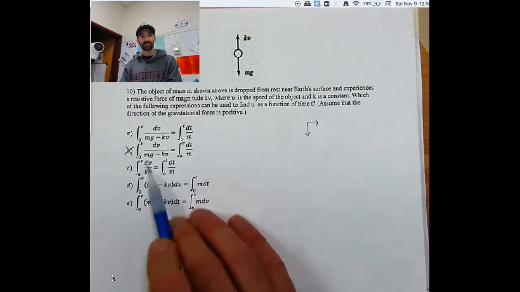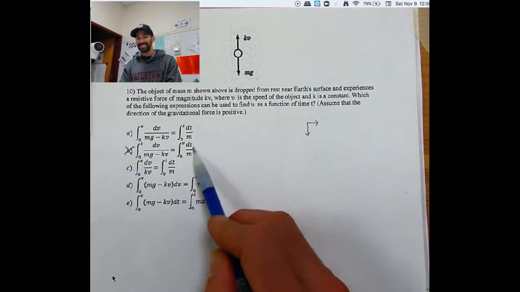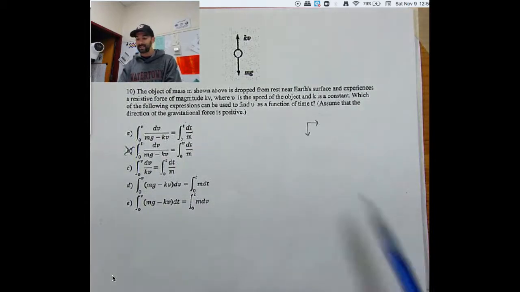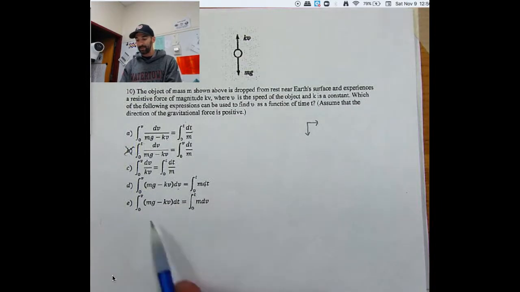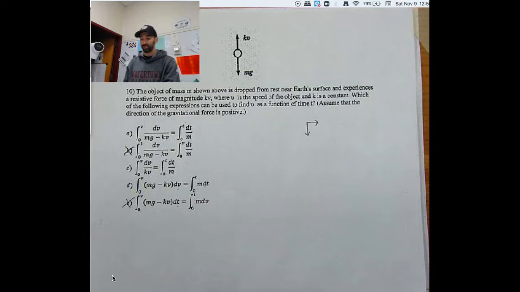Everything in this expression here is a constant, according to how I'm integrating. Same thing here, from 0 to v, dt is a constant compared to v, so I know that is not an option. Again, C is possible, D is possible, but now here E, I'm taking the antiderivative again from 0 to v with respect to t, not a possible solution. So right away, just by examining, I'm down to 3 choices.